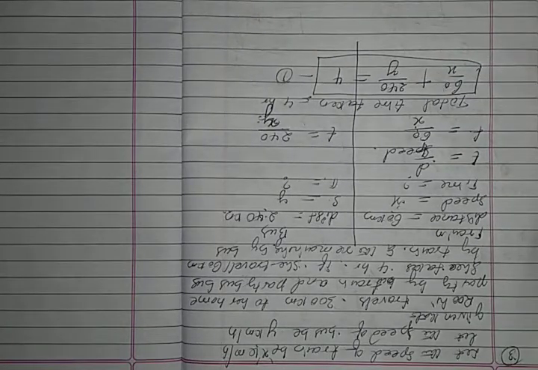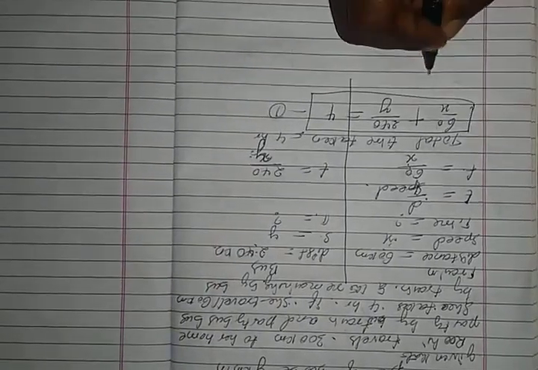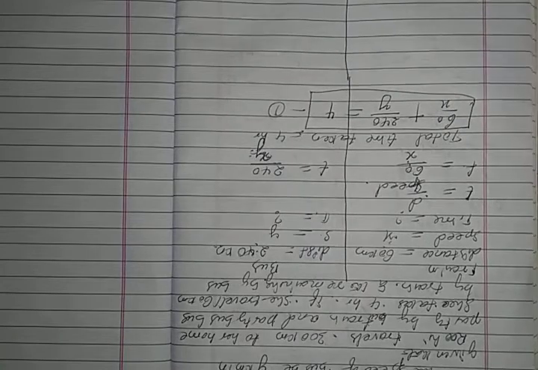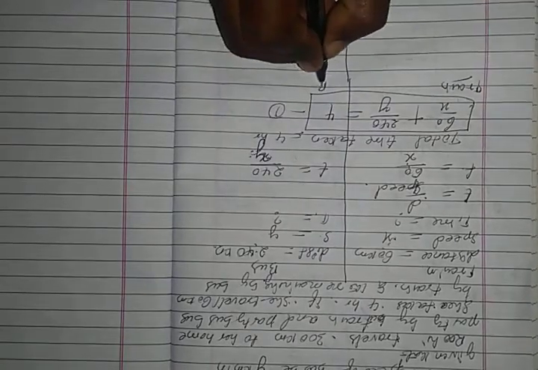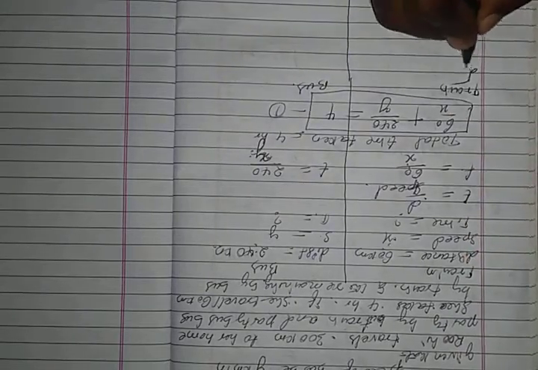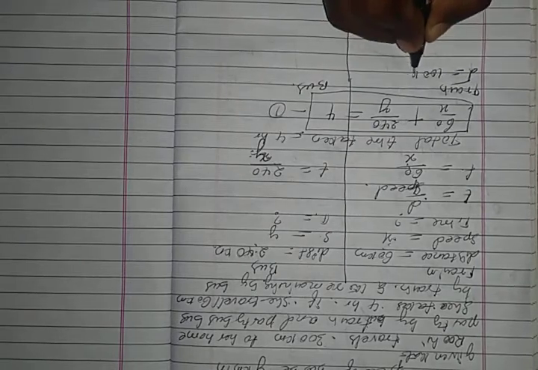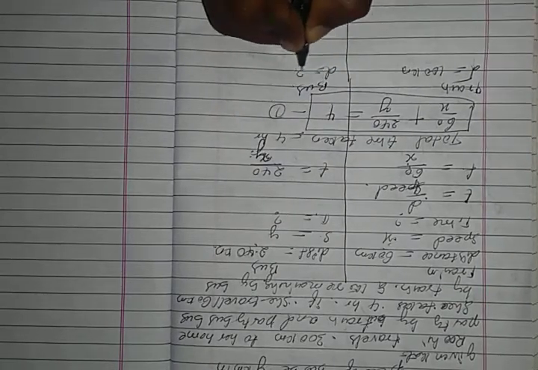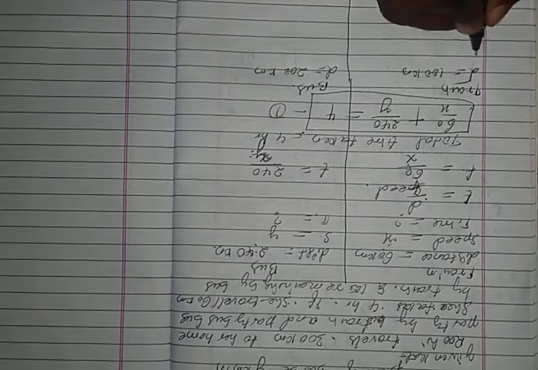Also let us see the second situation, here it is train and here it is bus. The distance is 100 kilometers, and here the distance is 200 kilometers, and we also have speed. We have to find out the speed.